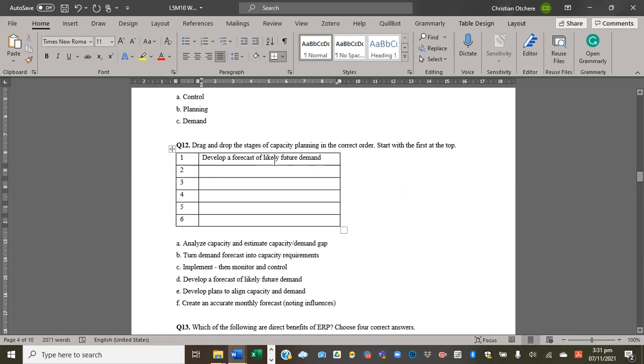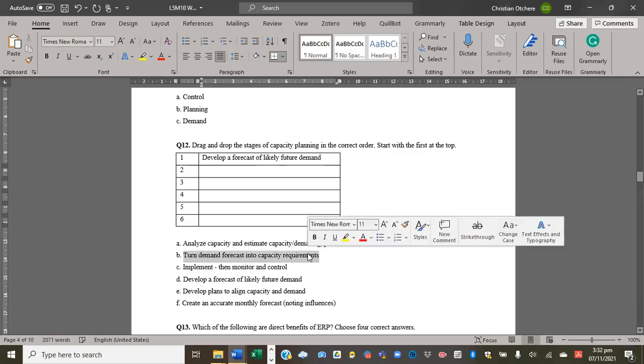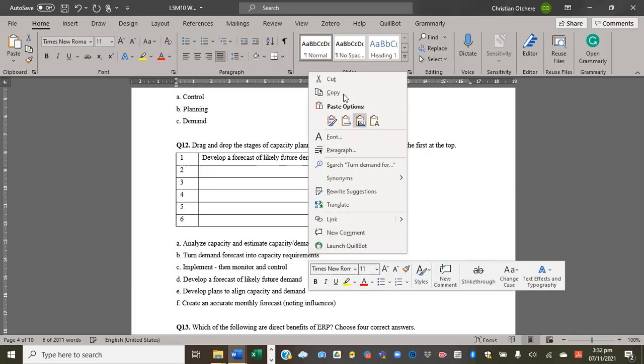After developing the forecast, what do we do? You B. Turn the demand forecast. Okay. We turn demand forecast into capacity requirements.